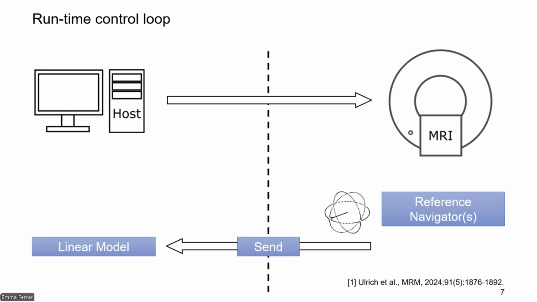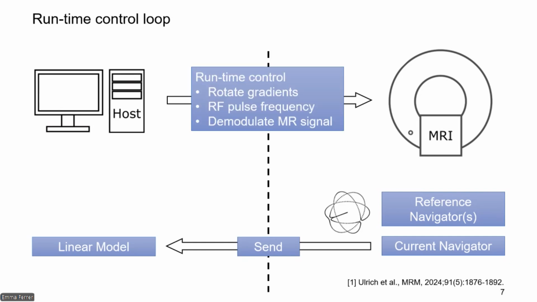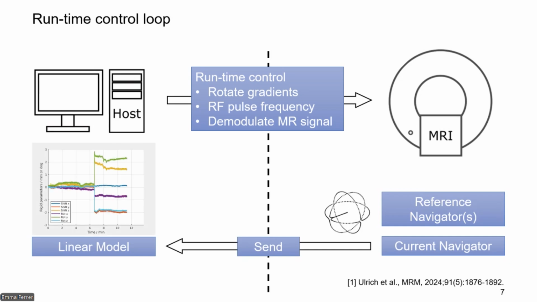We send them over to feed the linear model and set it up. And afterwards, every incoming navigator is evaluated by the model. We get out parameters and send them back to the scanner to adapt the gradient rotations, the RF, and the demodulation. And doing this on and on again over the scan, we are tracking the motion of the subject.